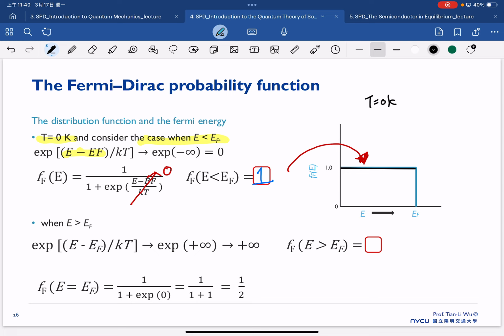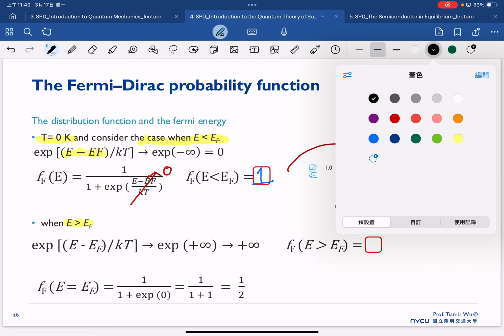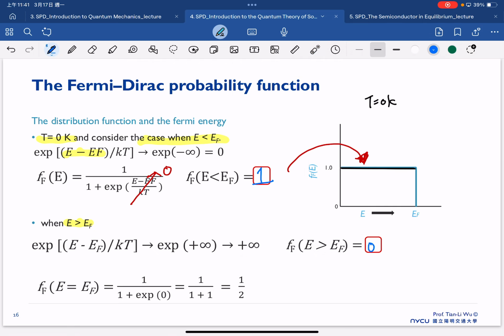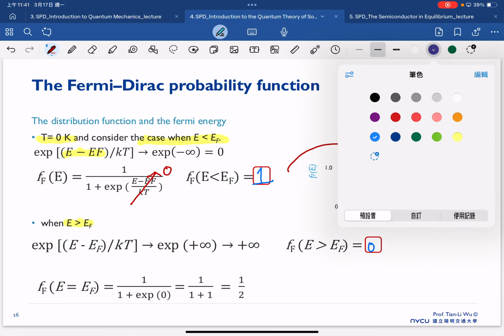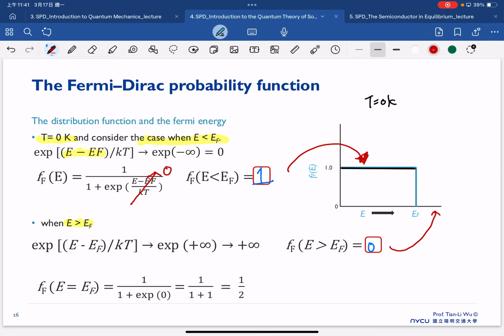The second case is if you consider E larger than E_F. Then the exponential approaches infinity, and so the probability will be equal to 0, which means this region becomes 0.